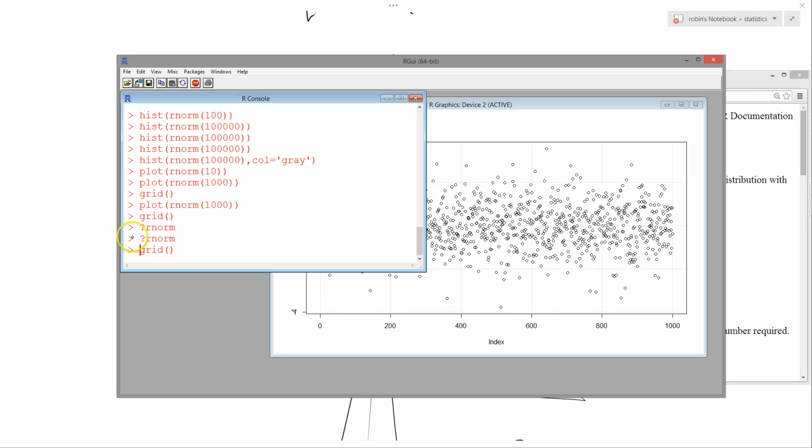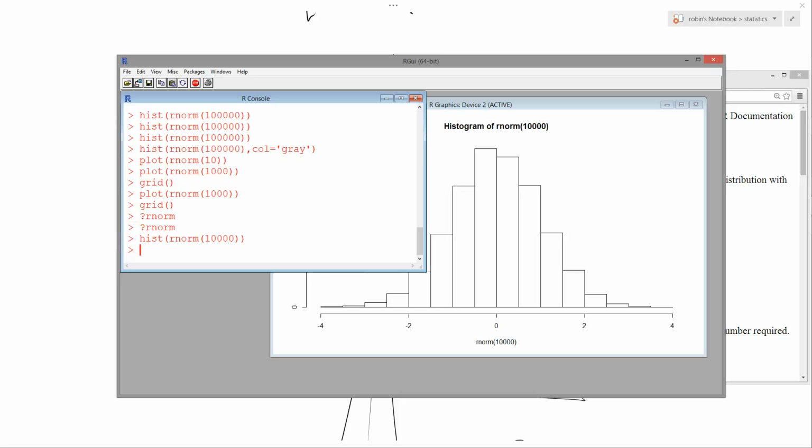So let's just go through that. Let me try the histogram. Hist, let's say rnorm of, let's say, 100,000. There's my histogram, which we've seen.